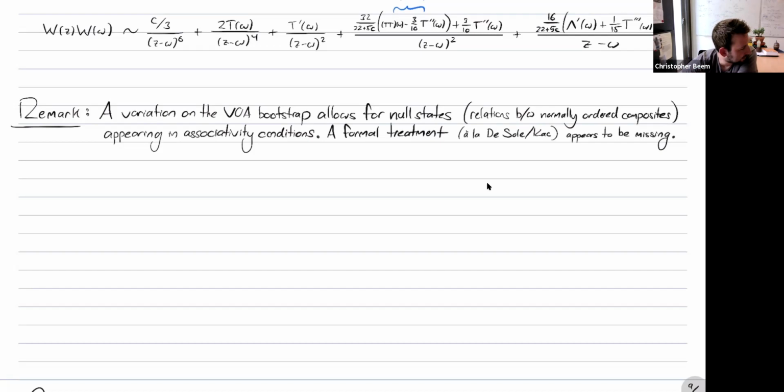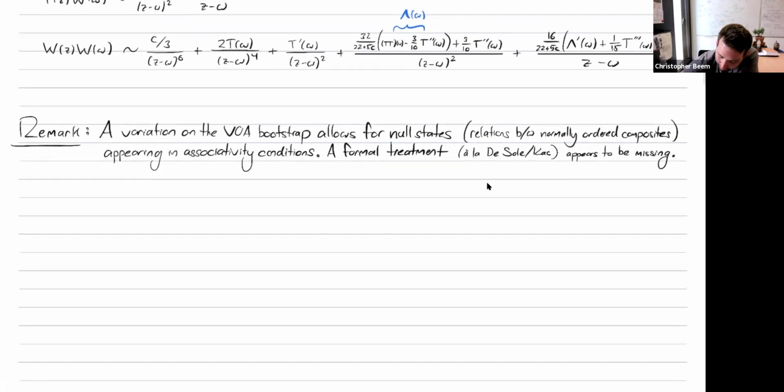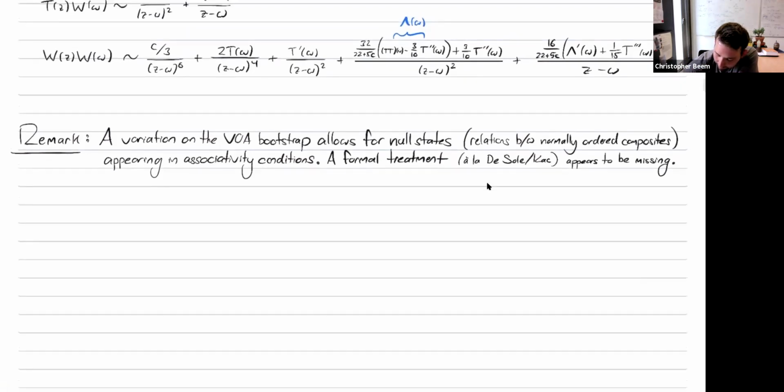So if somebody is rigorously minded, it would be a nice problem to work out the analogous theorem about universal enveloping vertex algebras of nonlinear Lie conformal algebras in the case where consistency conditions are obeyed modulo null states.